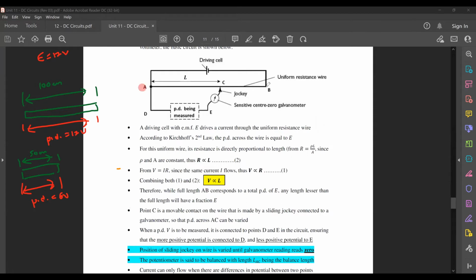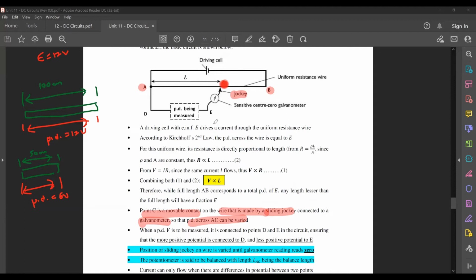You have point A, point B, point C. Now point C is a movable contact on the wire that is made by a sliding jockey connected to a galvanometer so that the PD across AC can be varied. Now you see your movable contact C is made by a jockey. A jockey looks like a metal pen, that's all.